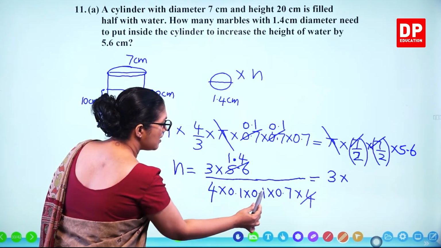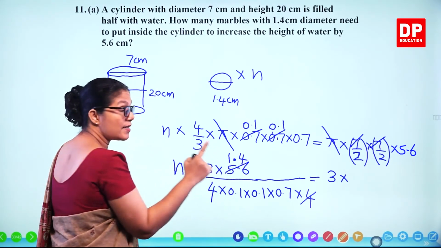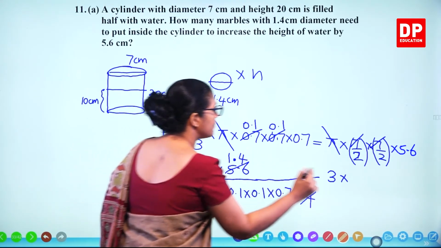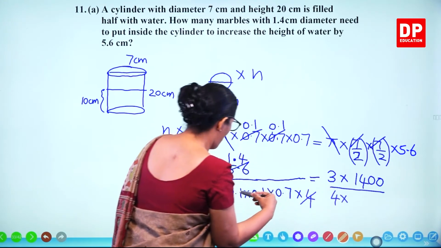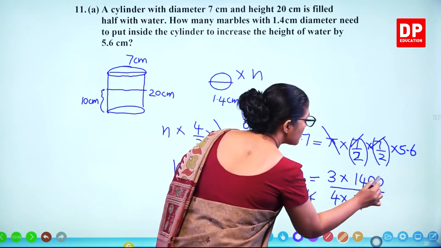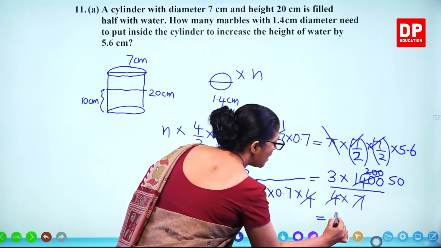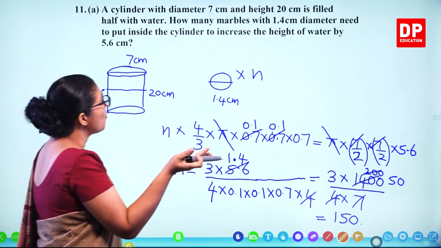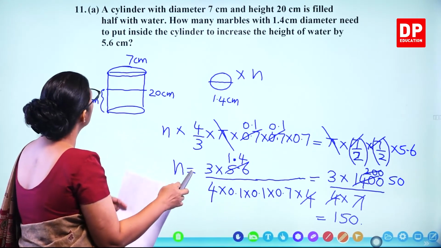I'll multiply by 10, 100, 1000. So multiply by 1000. That means 1400. Divide, you get 4, 7 comes, so 1 you don't need to write. 7 times 2, 4 times 5, 20. So 50 times 3, 150 marbles you are putting to increase the water height by 5.6 centimeters. So that's the answer for part A.